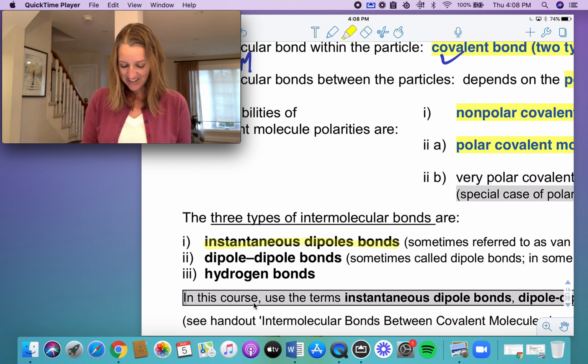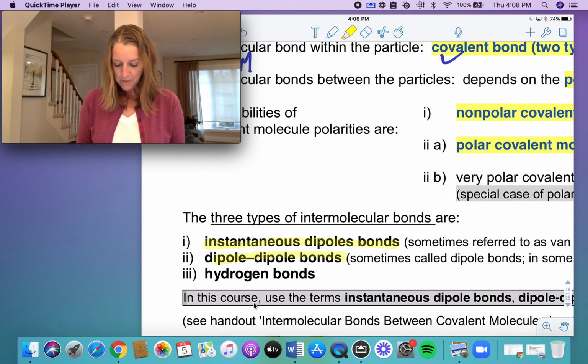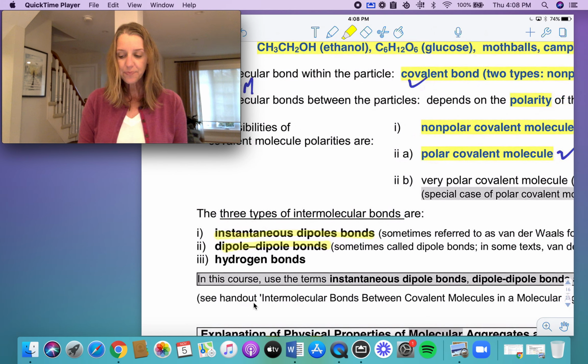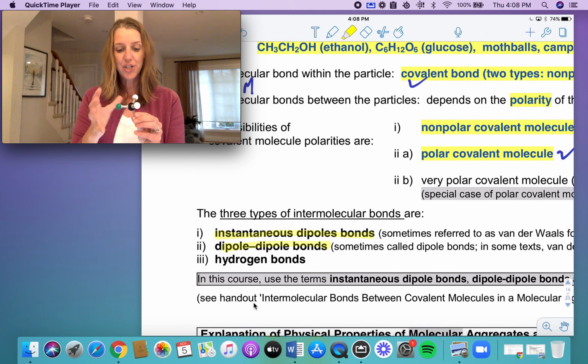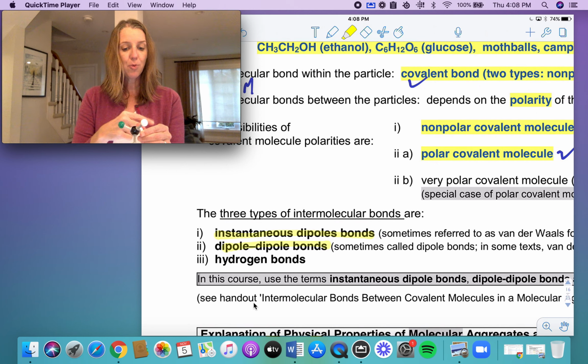The next one are called dipole-dipole bonds. And you get this when you've got a molecule that has some polarity to it, because you've got a polar covalent intramolecular bond on one side here, the rest of them are between carbon and hydrogens, but let's say this is between carbon and chlorine. We'll use this as our chlorine molecule, or atom in this case.